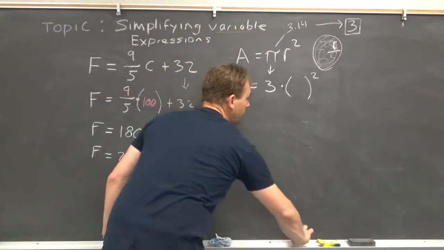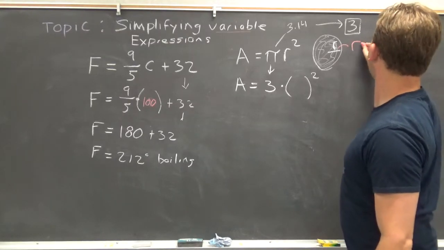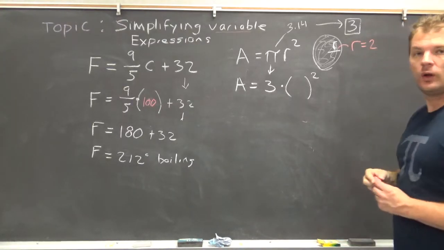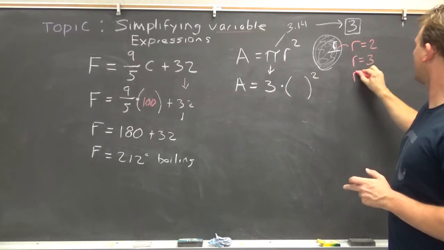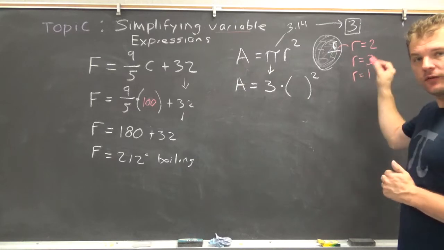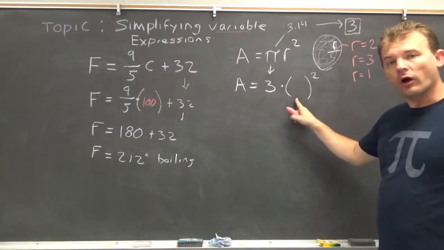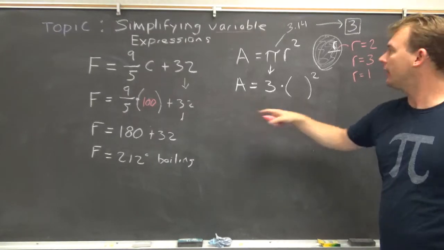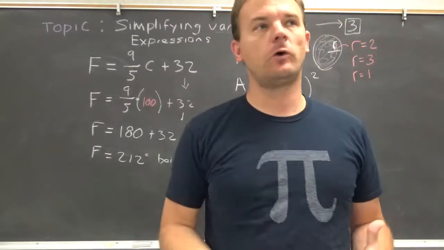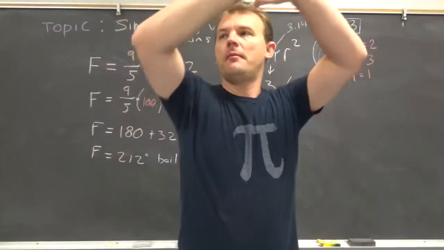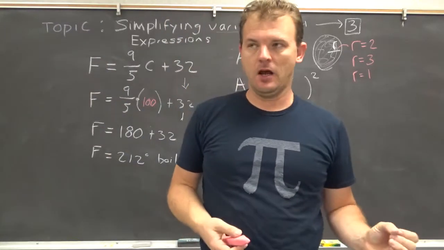So, what if I said I want a circle of radius 2? What if I want a circle of radius 3? What if I want a radius 1? So these are the numbers you are going to plug in to this r to get me the area of that circle. And this is very helpful because let's say you wanted to paint a big circle and fill in the inside of it, or an object.